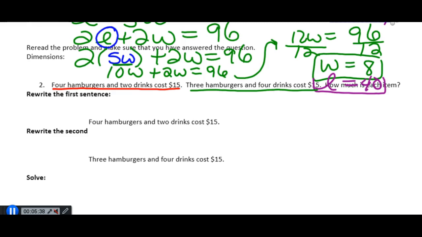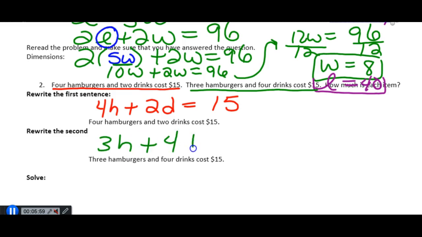So my first sentence, 4 hamburgers, I'm going to call that 4H, plus 2 drinks, 2D, equals $15. There's my first equation from that first sentence. My second equation from that second sentence is 3 hamburgers plus 4 drinks equals $15.